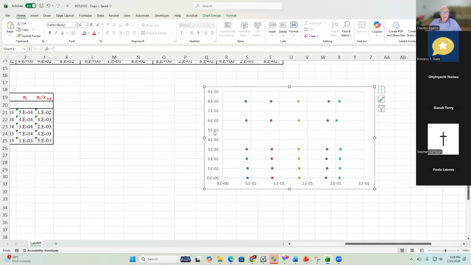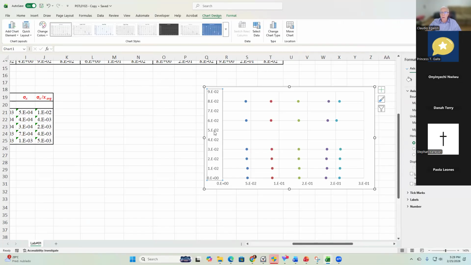Okay, so right in here, I'm going to change the format of those numbers. Double click on the axis, on the labels of the axis, okay? And then you gotta look for number right in here. Do you see the category? Right now, my category is on scientific. I don't want scientific because sometimes scientific is difficult to read.